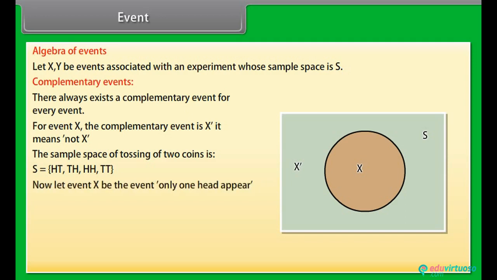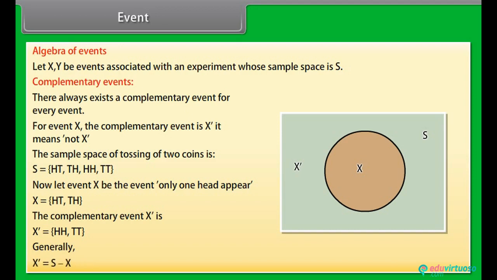Now let event X be the event only one head appears. X is equal to HT, TH. The complementary event X dash is equal to HH, TT.